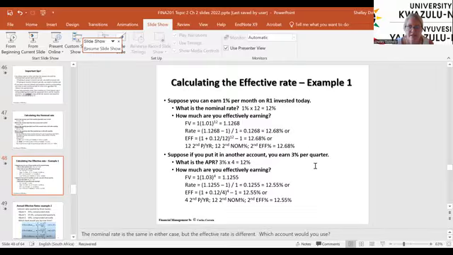Monthly in this case, quarterly in this case. And obviously, the more you compound, the greater M is, the greater will be your effective rate. So your effective rate increases as your compounding frequency increases.